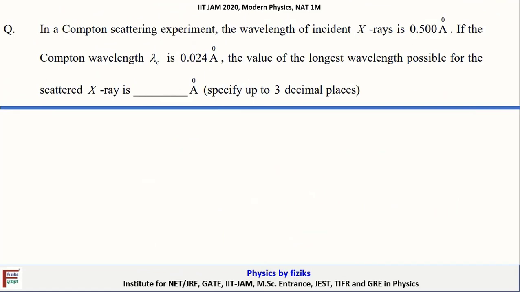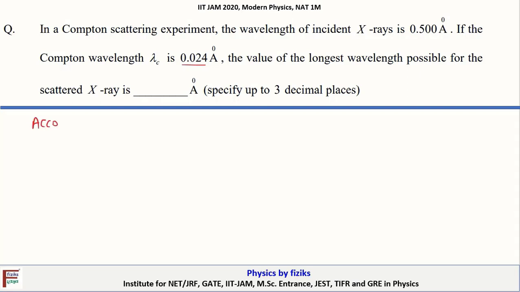In a Compton scattering experiment, the wavelength of incident X-ray is 0.5 angstrom. If the Compton wavelength lambda C is 0.024, the value of the longest possible wavelength for the scattered X-ray is?